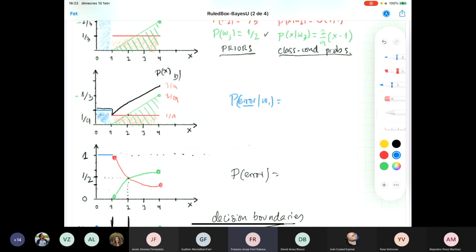No. No, because the decision we take is just there. So there are no blue points over that line. So this is 0.